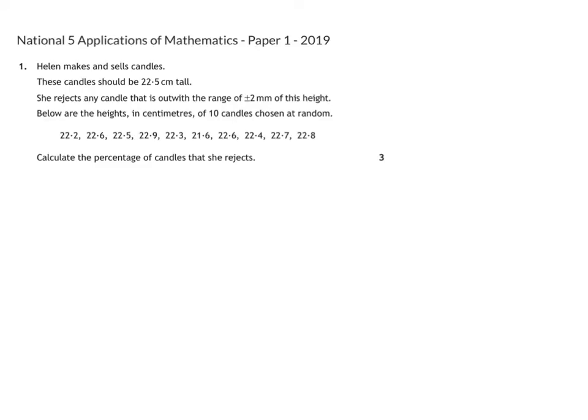It always makes sense when we're doing these questions to write down our maximum and our minimum values. So with tolerance, our maximum is going to be the 22.5 plus the 2 millimetres. We need to be careful, so it is in fact 22.5 centimetres plus 2 millimetres.